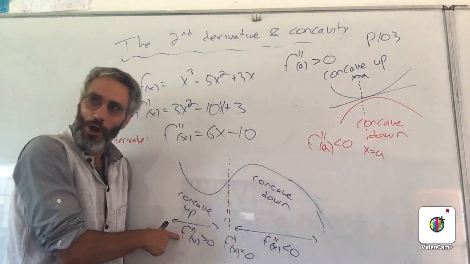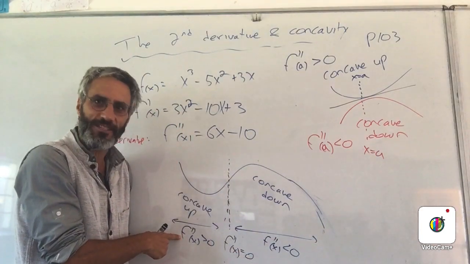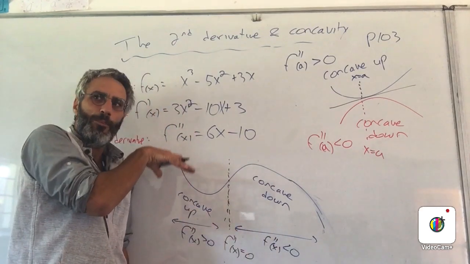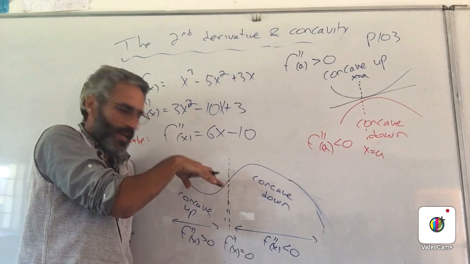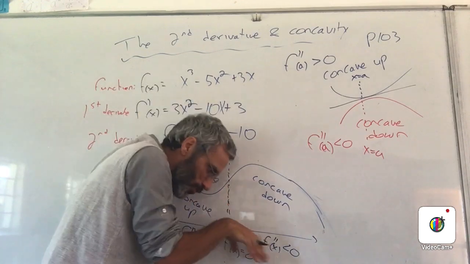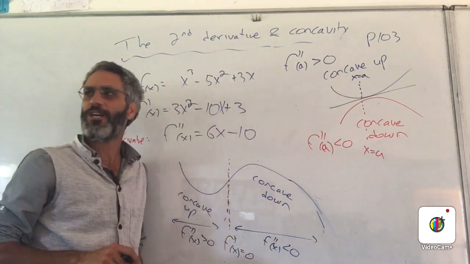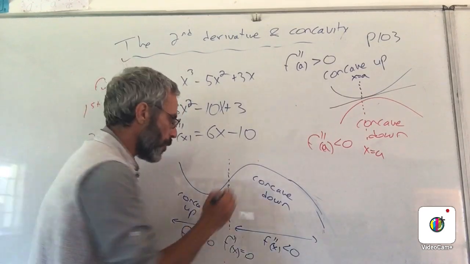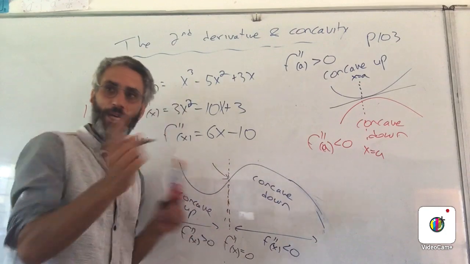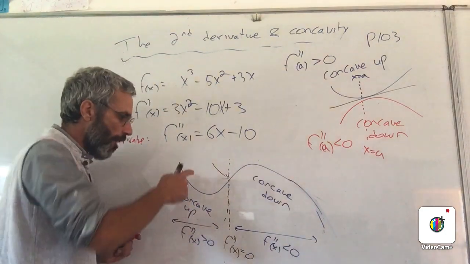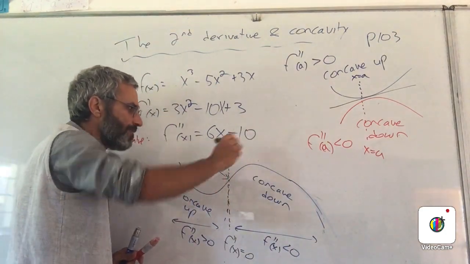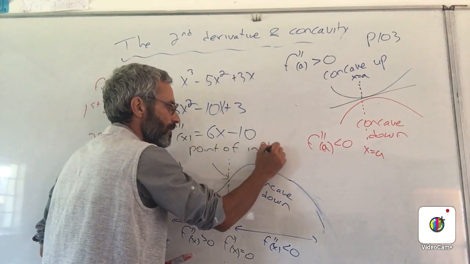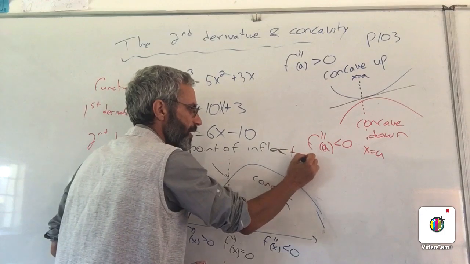If the second derivative is positive on this side, and negative on this side, well, if I have a positive number, then obviously at some point it will have to go to 0, and then pass and become a negative number. So well done, Taylor, once again. Now, that point where the concavity changes, where the graph changes from concave up to concave down, we call a point of inflection. That's a point of inflection.